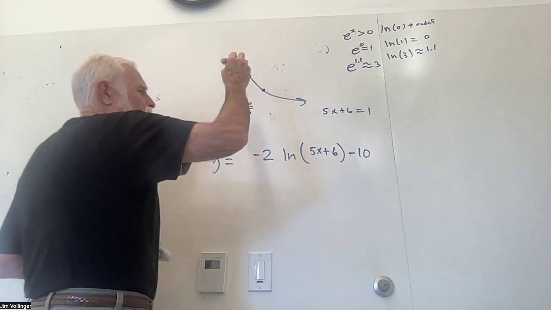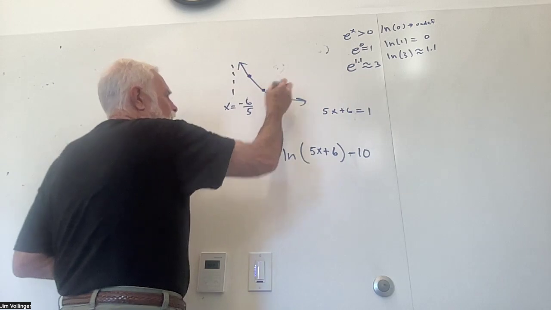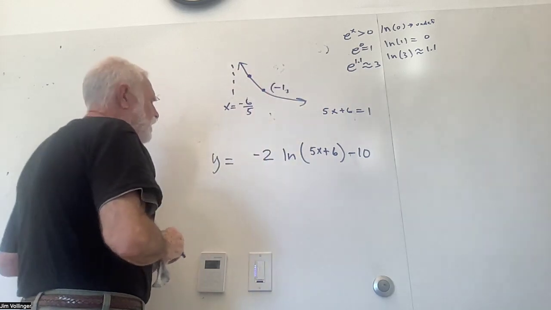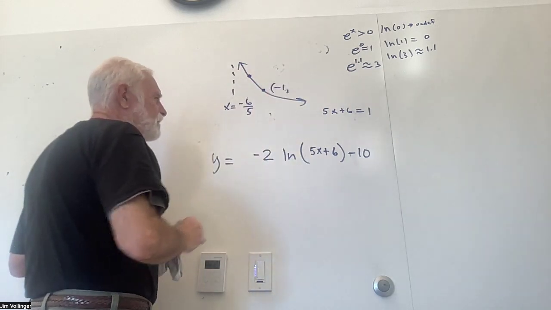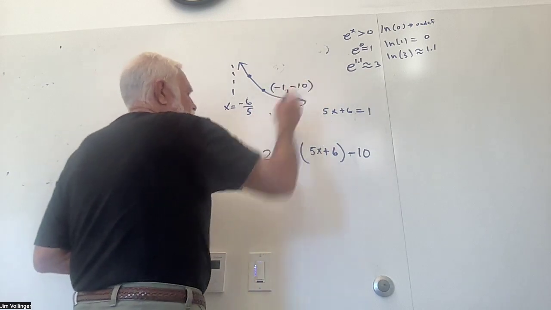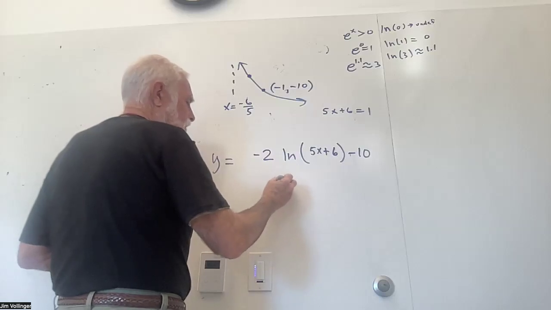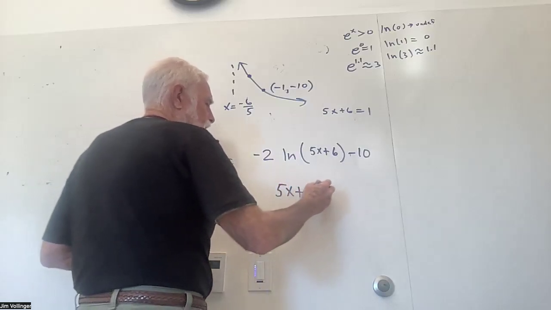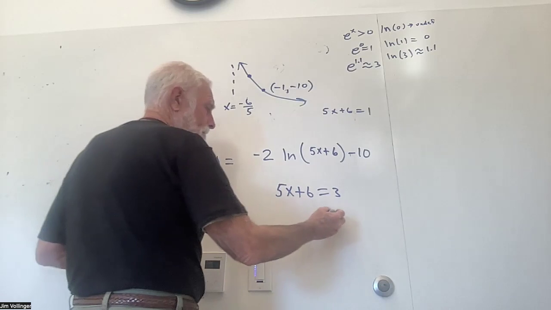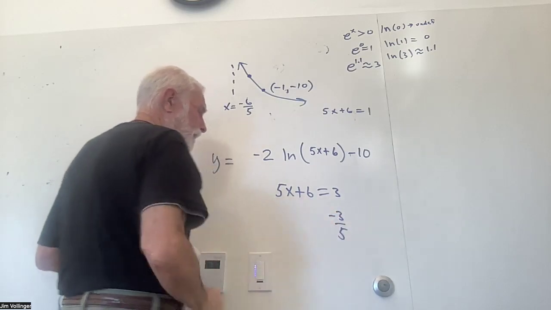And which one do I want to do? I think I want to do this here, if I'm not mistaken. -1 gets me -10. Okay, and I want 5x plus 6 to equal 1.1. No, I want it to equal 3, sorry. Getting dyslexic here. So that's minus 3/5.